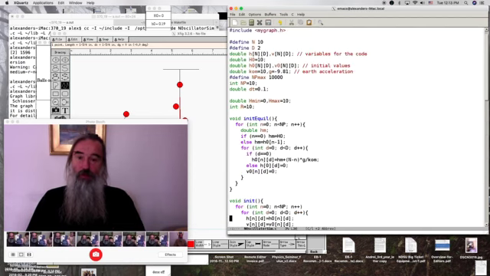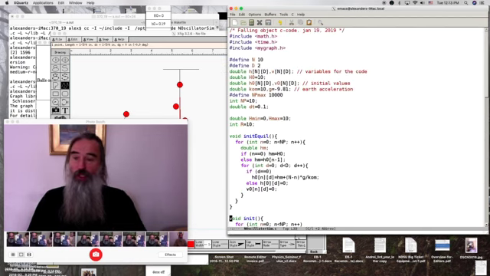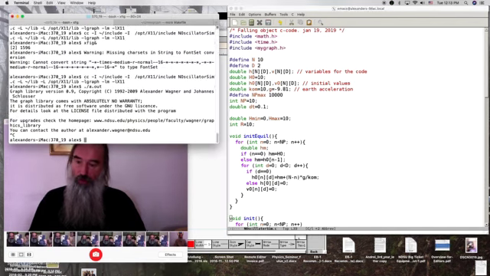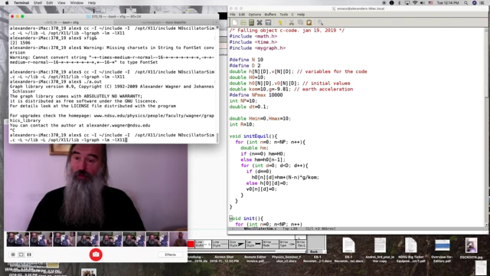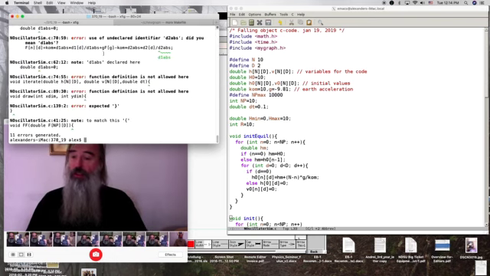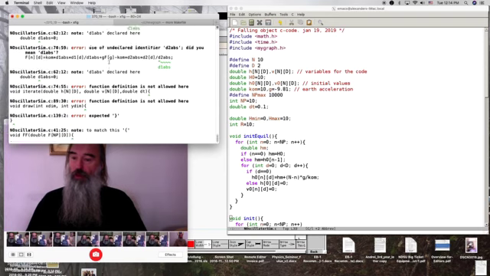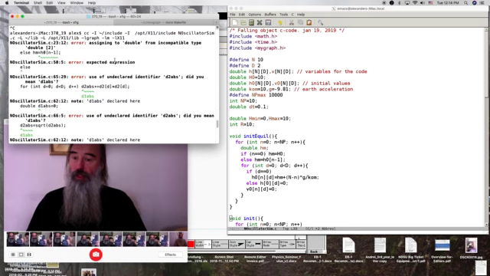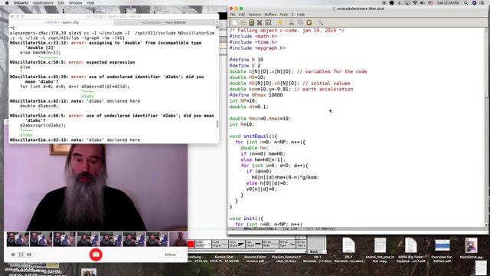Okay, so let's see how much we crashed it. Here's our code. We can close that one off. We can try to compile it. And now we get our compilation errors, which are, well, let's see where we're starting with here. HM, so this is, we forgot to do this.